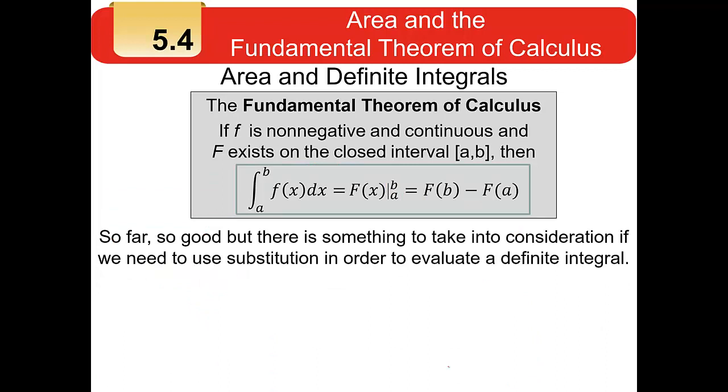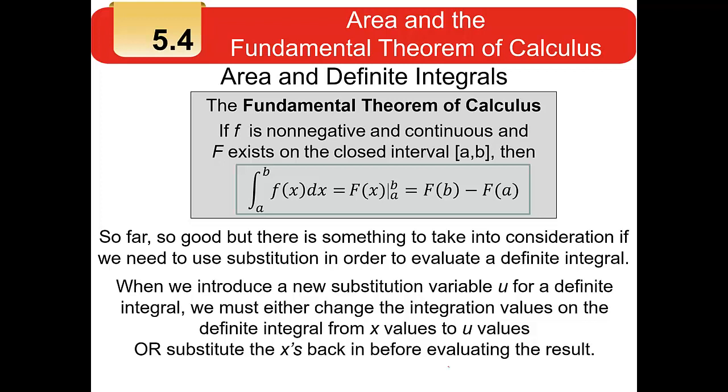There is one other thing I want to mention, and that is sometimes the integral is complicated enough that you need to do a substitution. And if you have to do a substitution with a definite integral, there is an extra thing to consider. If you put in a u and do a substitution for a definite integral, you're going to be replacing the x's in the integrand with u values.